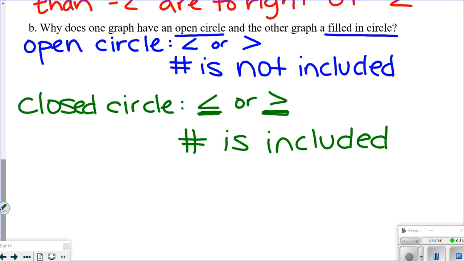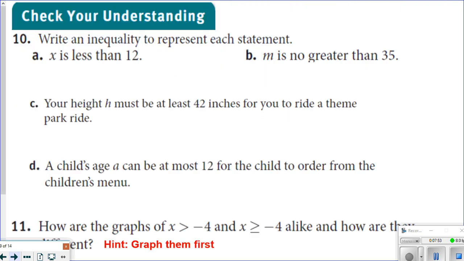It is a solution or it is an answer. What I would like you to do is pause the video, please, and answer the questions 10A through D in the check your understanding box.